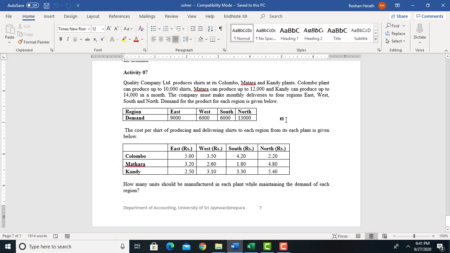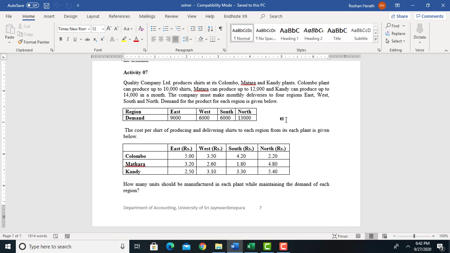You cannot do something like that. In fact, you can, but then you are not doing it in a cost efficient way, because the delivery charges would vary. Delivery charges from Colombo to east, Colombo to west, Colombo to south would vary.